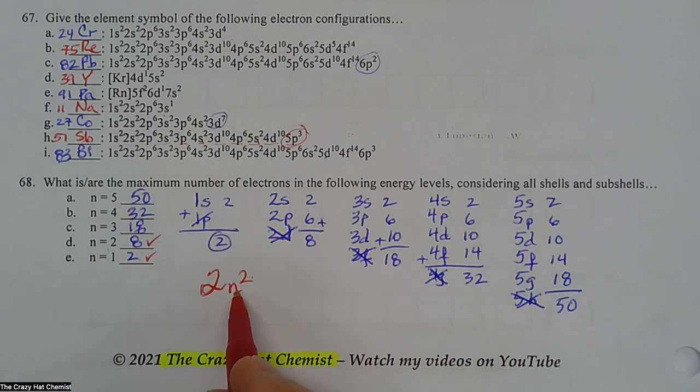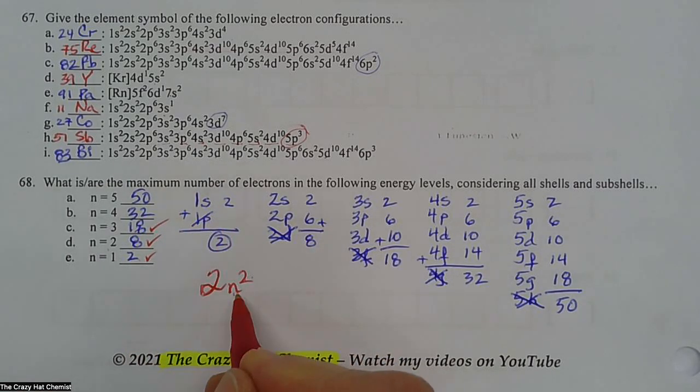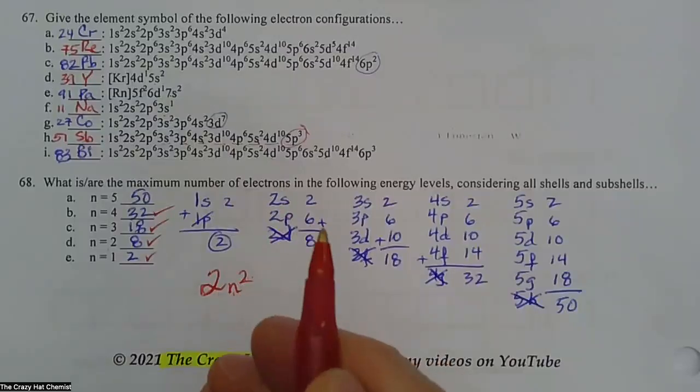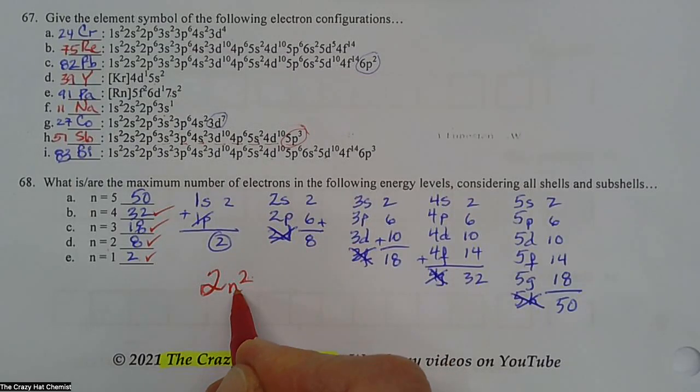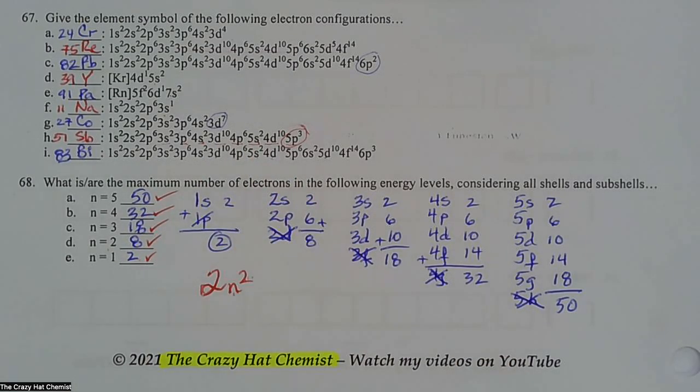When n is 3, 3 squared is 9, times 2 is 18. Check. When n is 4, 4 squared is 16, times 2 is 32. Check. When n is 5, 5 squared is 25, times 2 is 50. Check. Fantastic. We've done it two different ways.